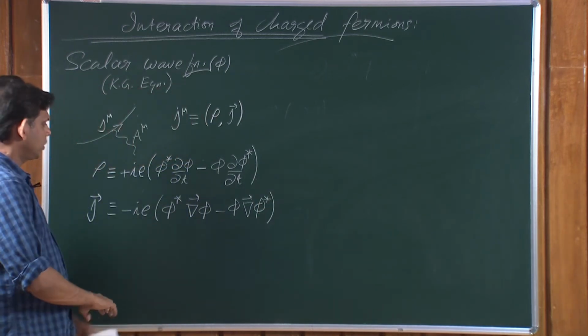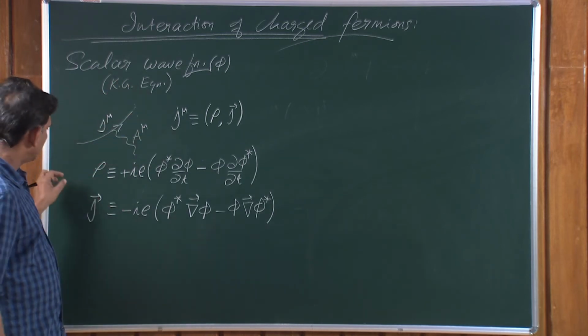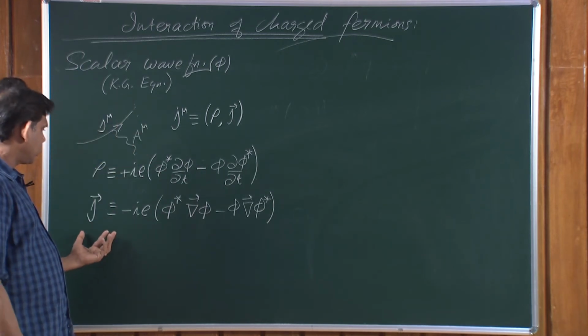Interpretation here is the current, that is the electric current itself, that is represented by this J.